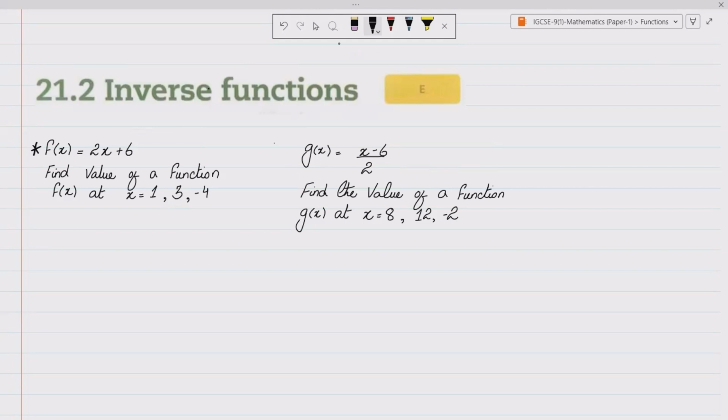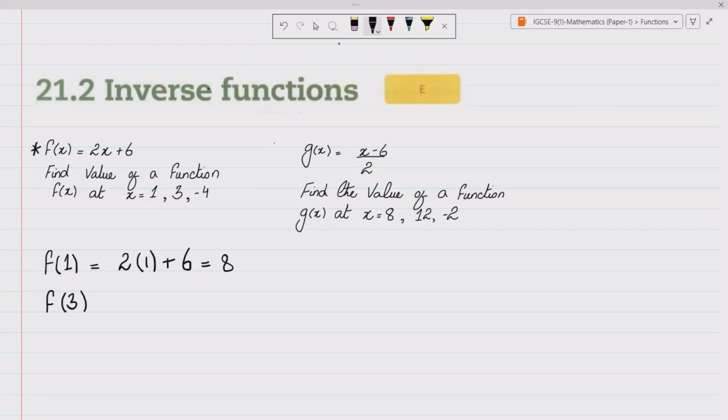To evaluate these values by putting them into the function is really easy. First, put 1 into our function. F of 1 equals 2 multiplied by 1 plus 6, which gives us 8. Next, calculate f of 3.